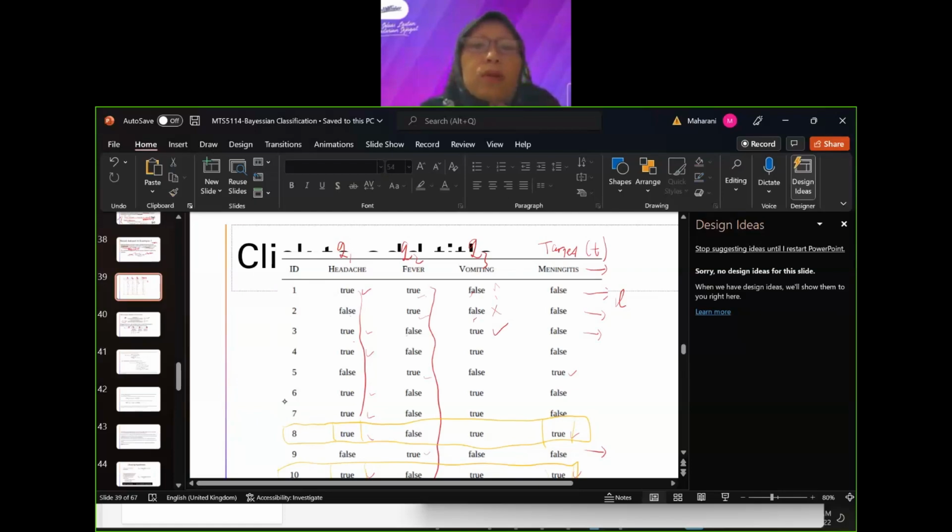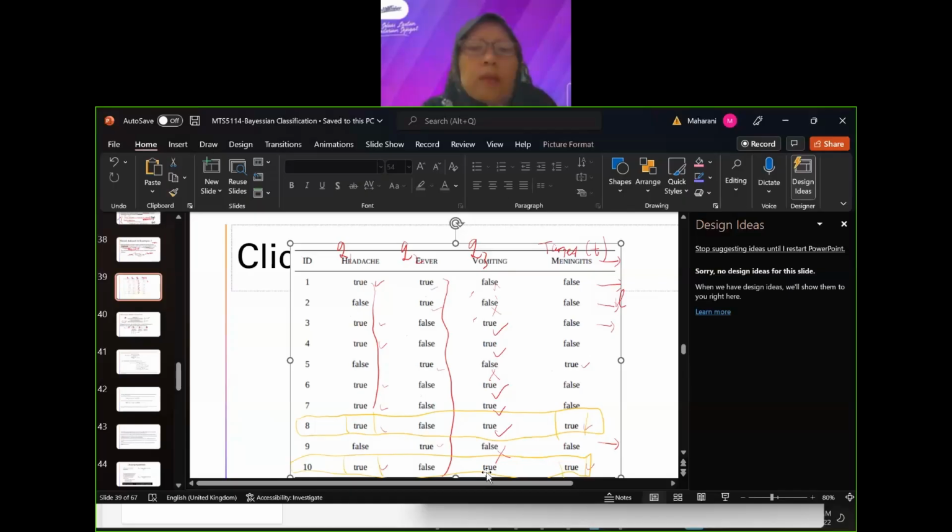Then true, false, true. Yes, this is correct, two. Then false, true, false. No. Then true, false, true. Yes, 3. True, false, true. Yes, 4. True, false, true. Yes, 5. False, true, false. No. True, false, true. Yes.